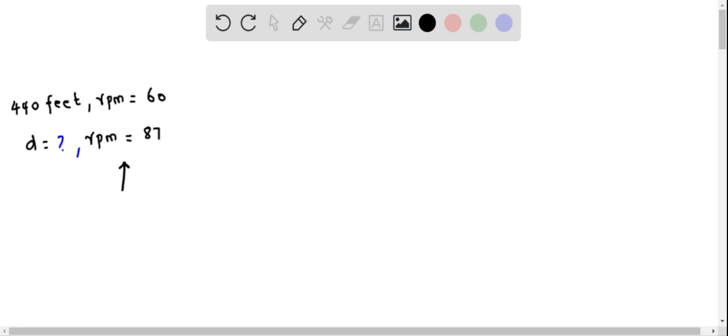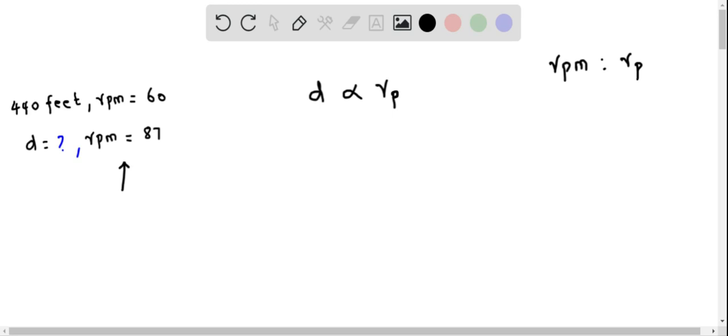First, I'm going to write down this direct variation equation. Let me represent d, the distance traveled by the bicycle, and this is directly proportional to the RPM. I'm going to write revolutions per minute as R sub p, which represents the RPM.